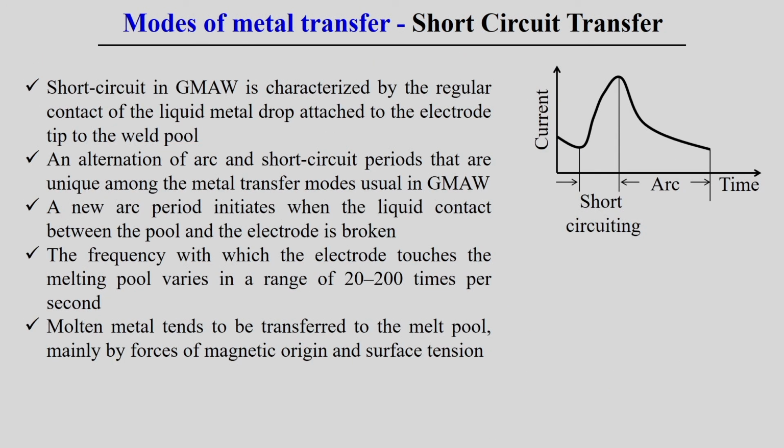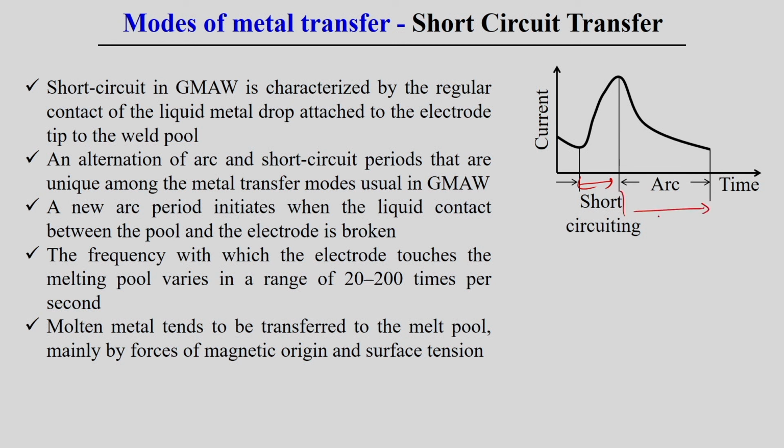Now, more about short circuit metal transfer: in the gas metal arc welding process, it is characterized by the regular contact of the liquid metal droplet attached to the electrode tip with the weld pool. There is a liquid metal droplet attached to the electrode. That is the point where the short circuit is created, when the liquid droplet attaches to the workpiece material.